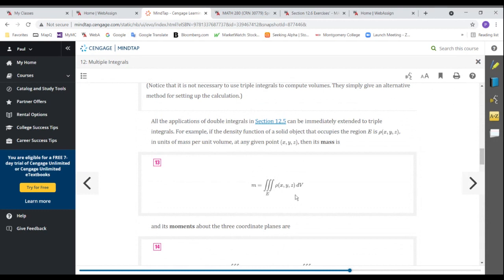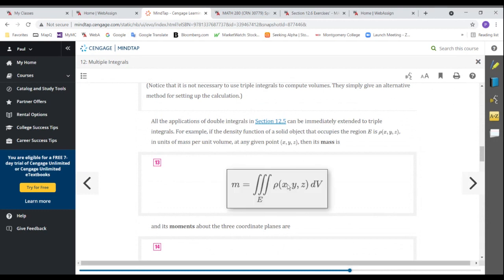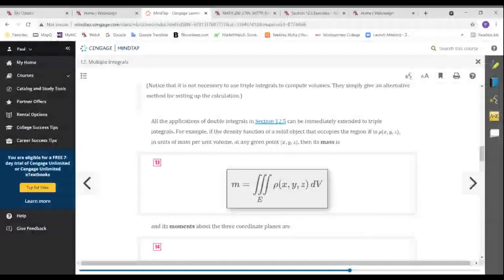And so here's the formula for mass, but now we're talking about a mass in 3 dimensions. We're talking about a solid region in 3-dimensional space.